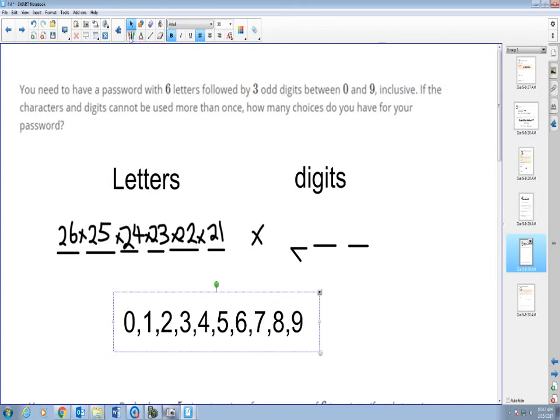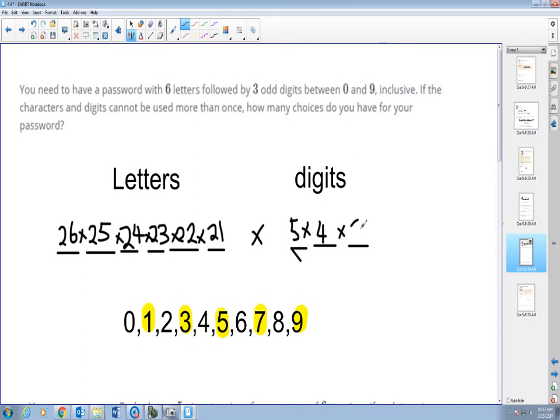Odd digits: 1, 3, 5, 7. That's 4, but 9 is also an odd digit between 0 and 9 inclusive. So that's 1, 2, 3, 4, 5. So I have 5 odd digits to choose from. The first odd digit, I have 5 to choose from. The next one, I only have 4 to choose from. The next one, the remaining 3. So one digit followed by the other, we will multiply them again.